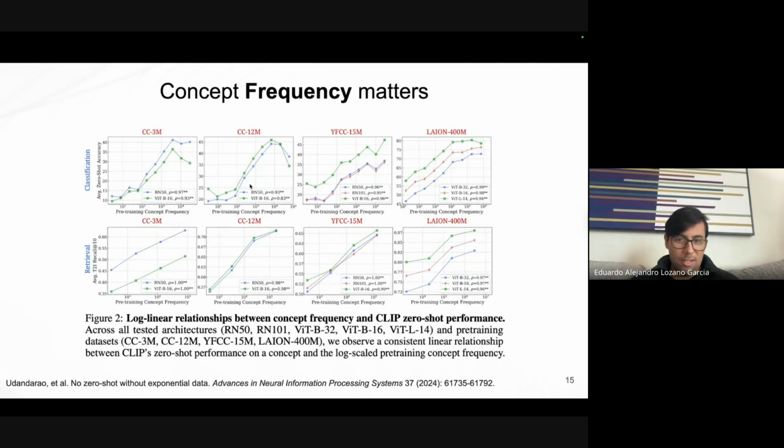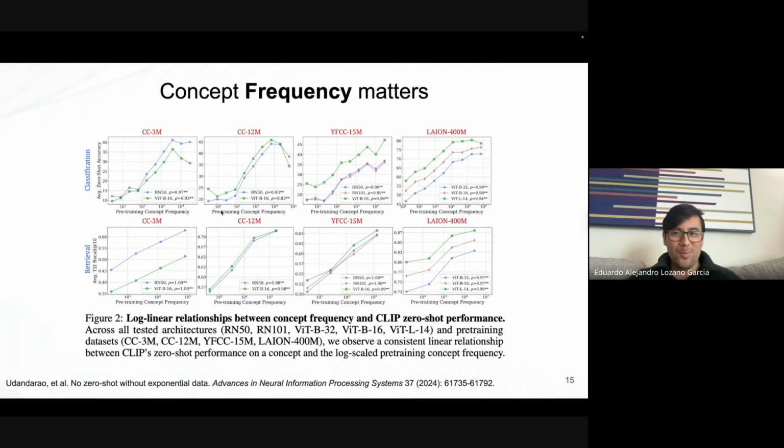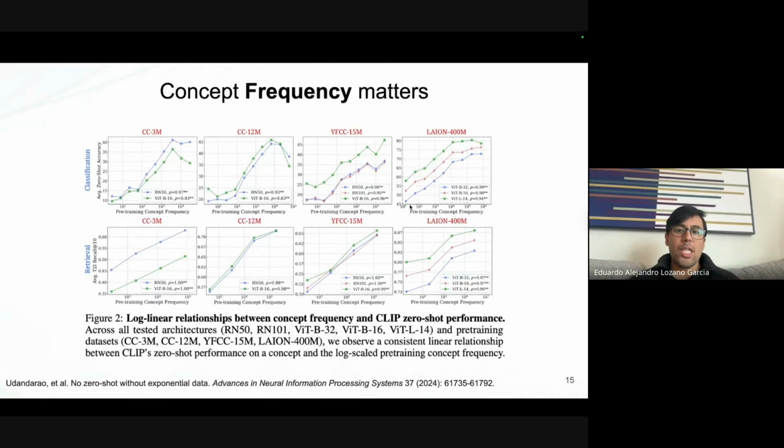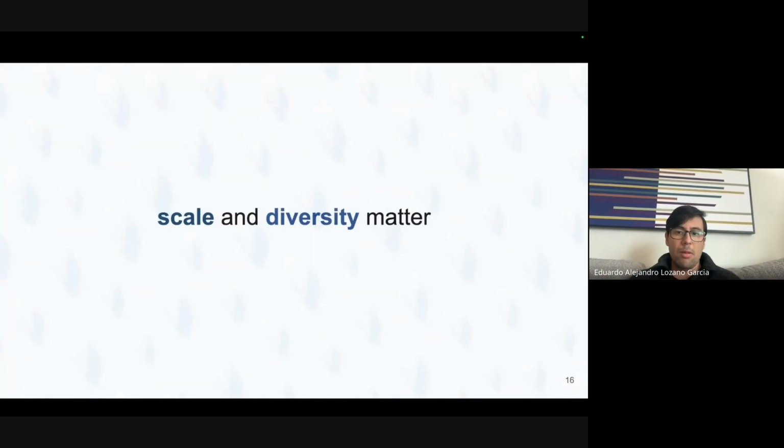There's a lot going on here, but the only thing you really need to do is go to one plot and see that the pre-training concept is increasing exponentially, but the performance, in terms of accuracy, is just improving linearly, right? So we really need scale and diverse data in order to train such medical models.